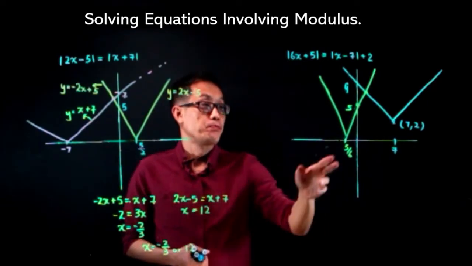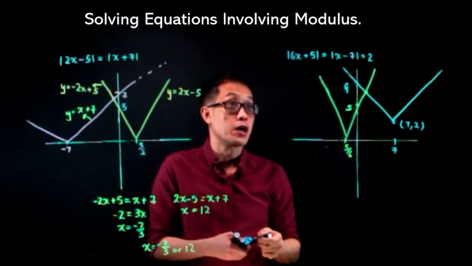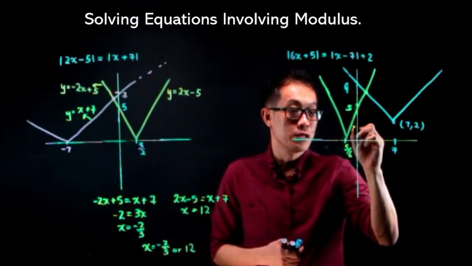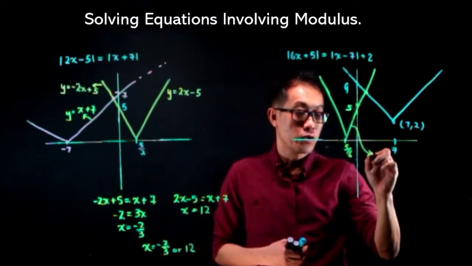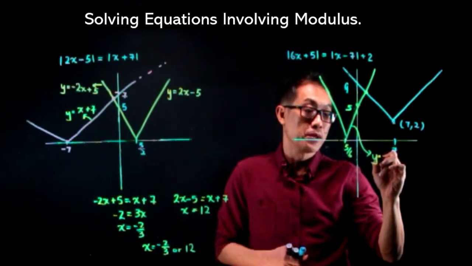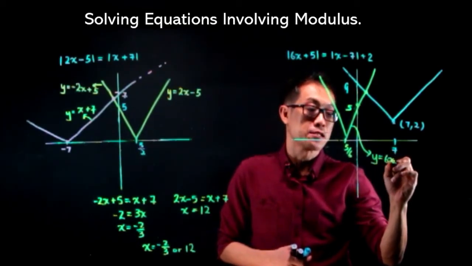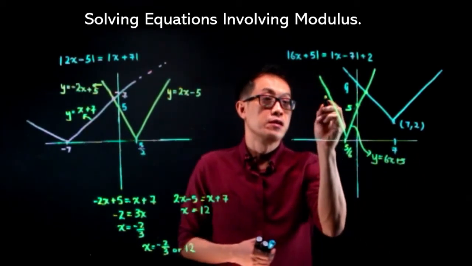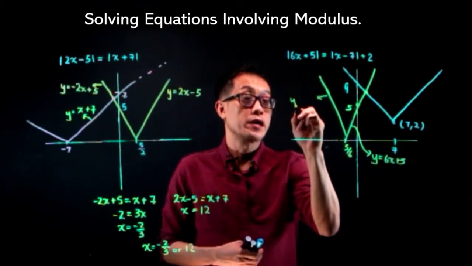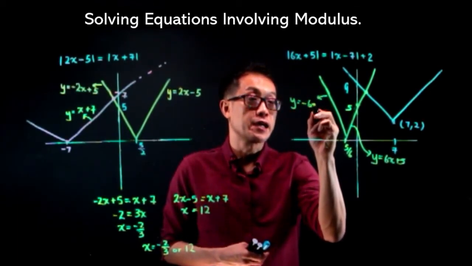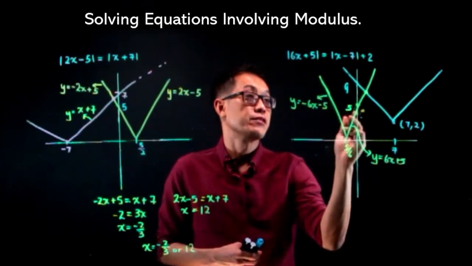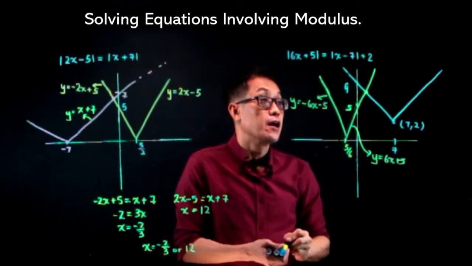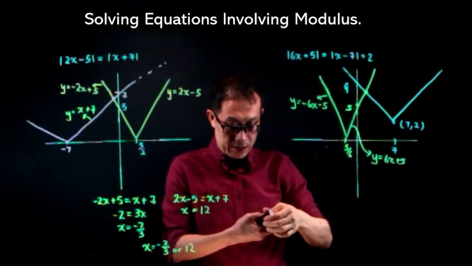Now what is the equation for this graph? This has a positive gradient. So your equation for this part of the graph will be y equals 6x plus 5. This will be y equals minus 6x minus 5. Now this graph has a negative gradient.